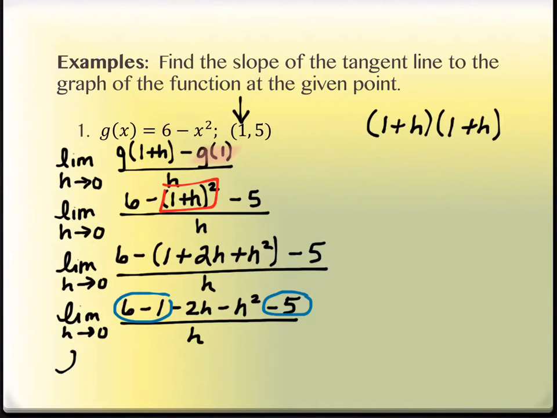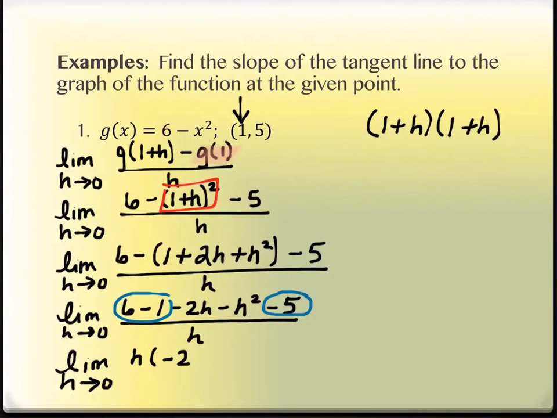The cool thing is, again, this will always happen too: everything in the numerator now has what in it? An h. It has to, otherwise it's not going to cancel with the denominator, and we have to have it cancel with the denominator. We can't plug 0 in. So we're going to factor that h out of the numerator.